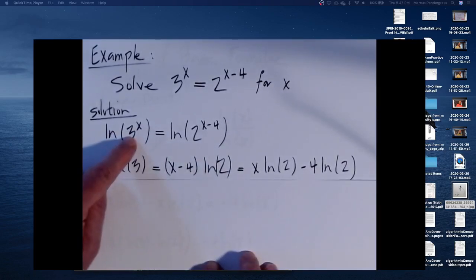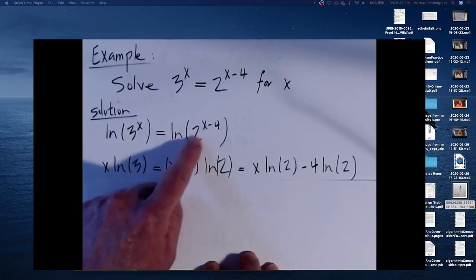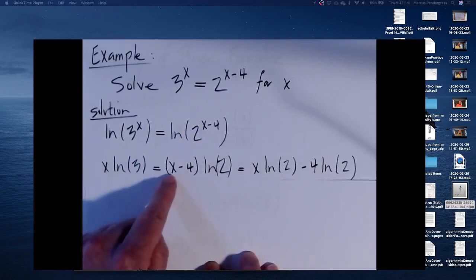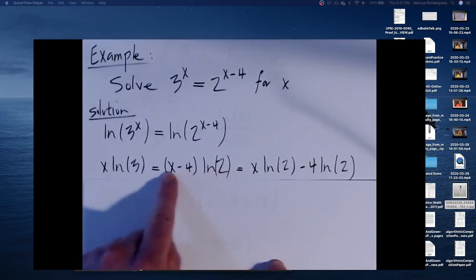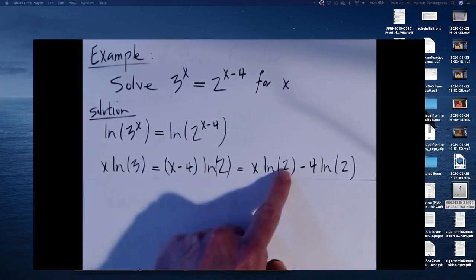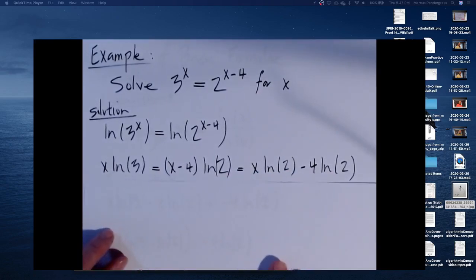So natural log of 3 to the x would be x times natural log of 3. And natural log of 2 to the x minus 4 would be x minus 4 times natural log of 2. And then I'm just going to multiply out this right-hand side here to get x times natural log of 2 minus 4 times natural log of 2.